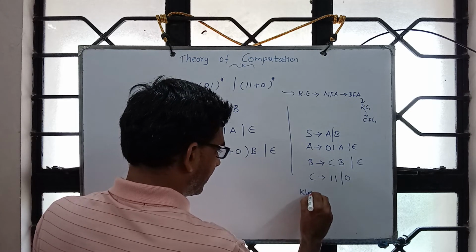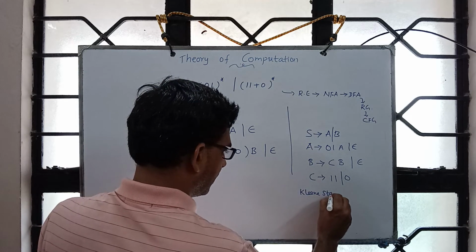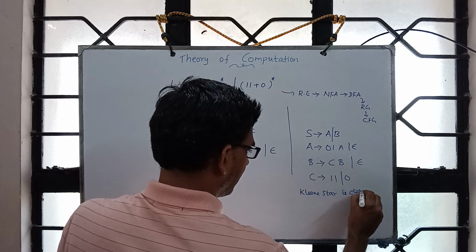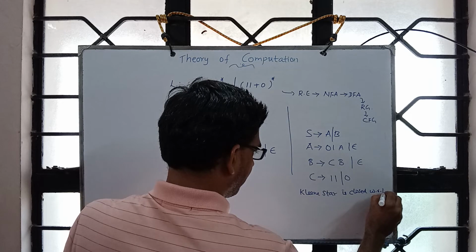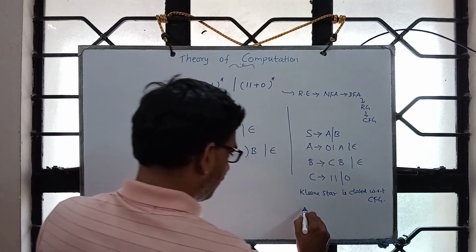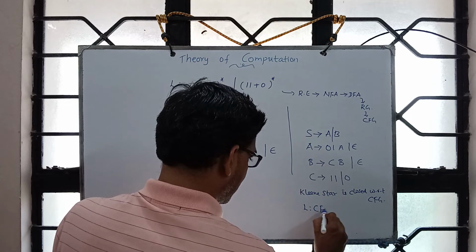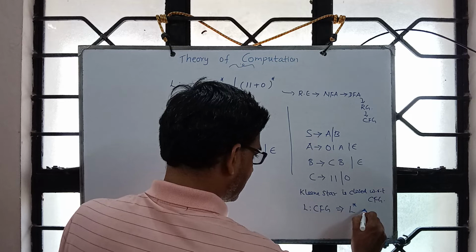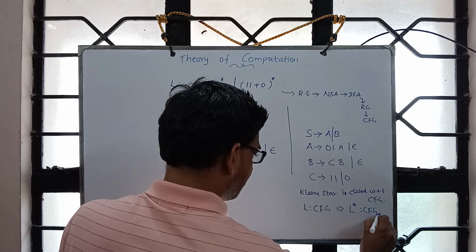Fine. So this tells you that the Kleene star operator is closed with respect to CFG. So what is this telling you? If L has a context-free grammar, it implies that L star also has a context-free grammar.